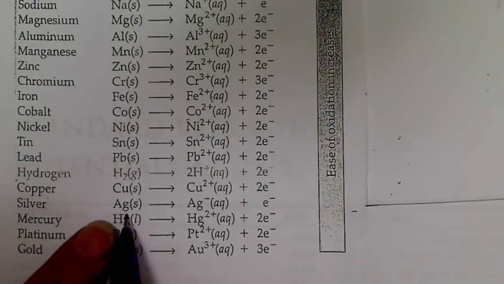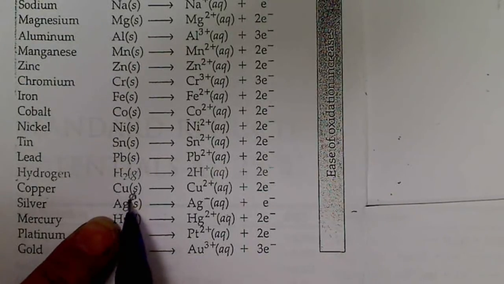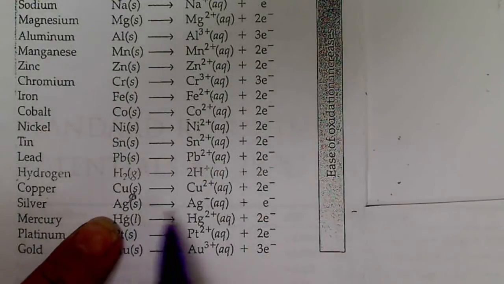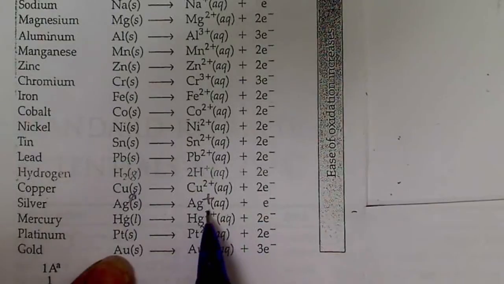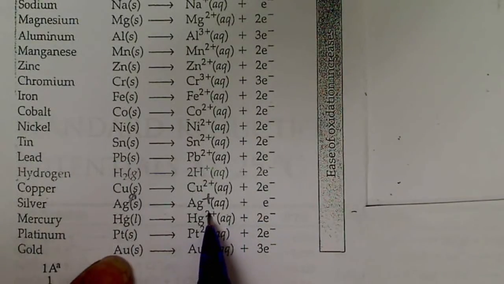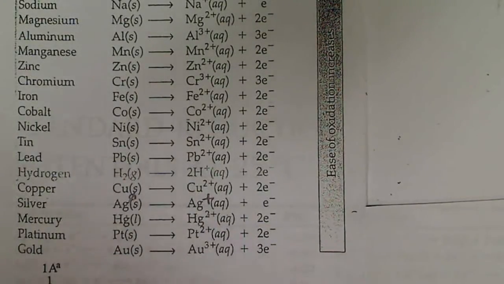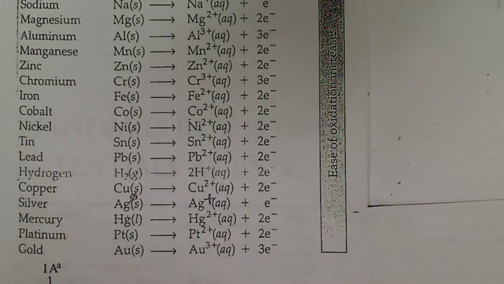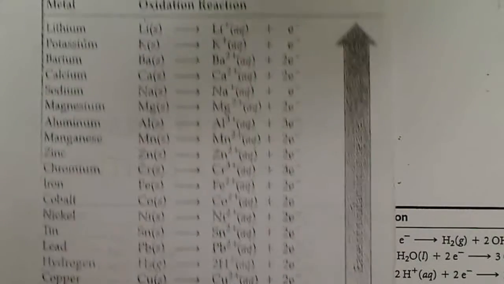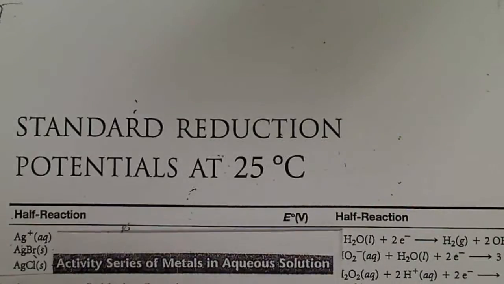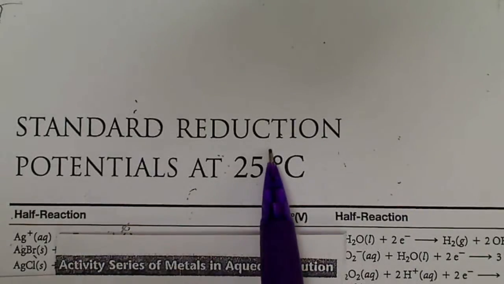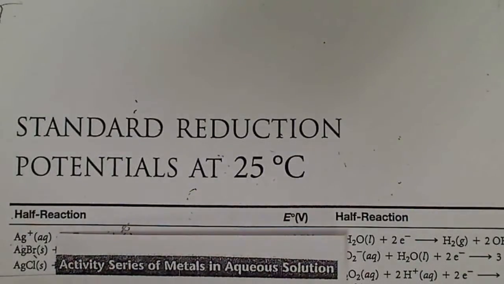So written as an oxidation, silver metal with no charge would lose an electron to become silver plus 1. And it's just by convention that the activity series is listed in terms of oxidation reactions. And the table that we're going to use, the values are written in terms of reductions.